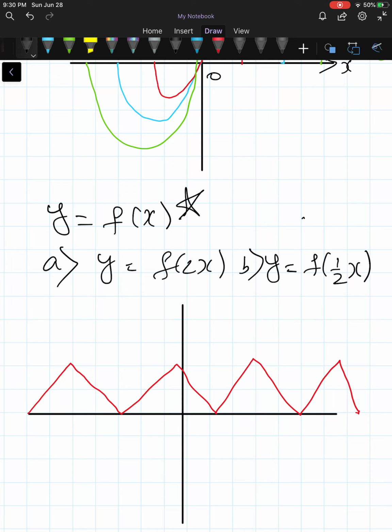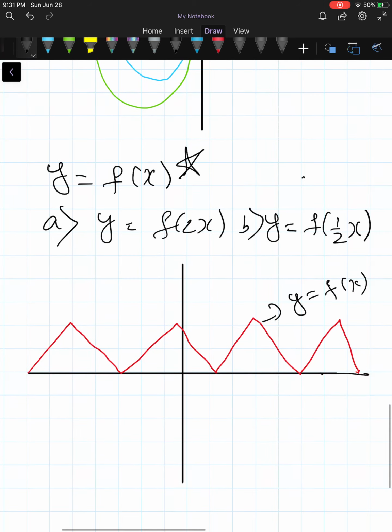So if the given original graph looks like this, that would be our y is equal to f of x. Applying the first one would be like shrinking the graph, right? So we will be shrinking the graph.